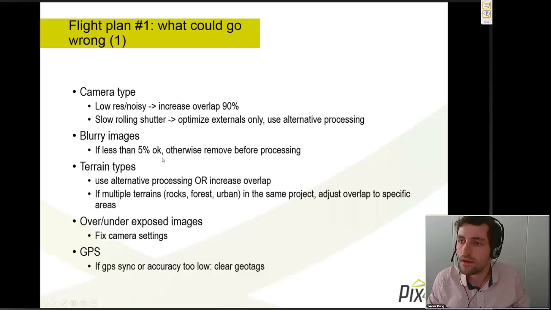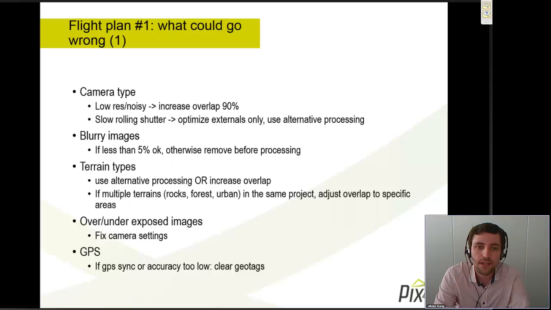Now, let's see a few more use cases of what can go wrong, where we most often see problems in the processing, and where they come from. One of the reasons calibration sometimes fails is when your camera is of very low resolution.